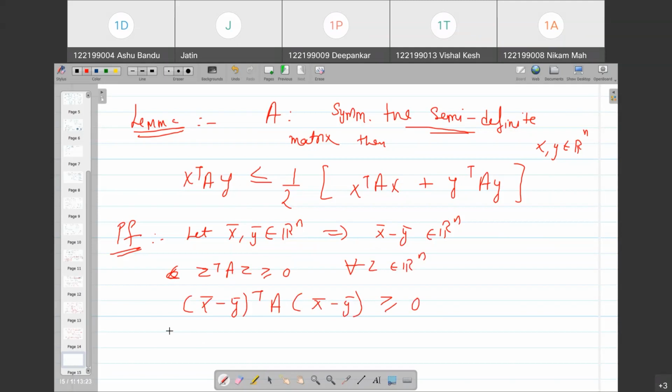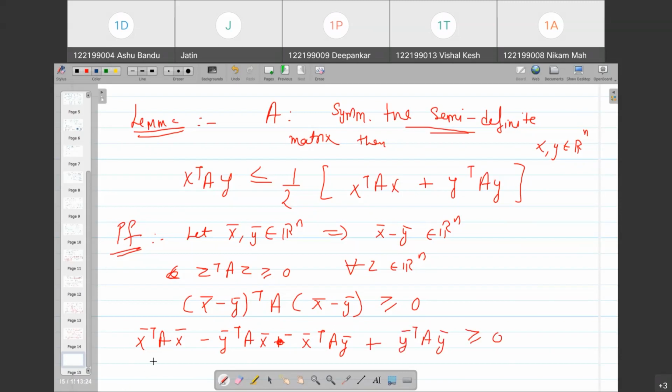I will simply expand this. What will I get? X bar transpose AX bar minus Y bar transpose AX bar minus X bar transpose AY bar plus Y bar transpose AY bar. I have simply taken the transpose inside and multiplied. I have not done anything new.